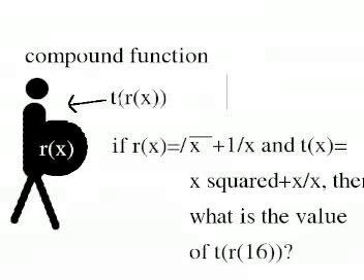This we can imagine as a person that is pregnant. The mother is T(x) and the baby is R(x).